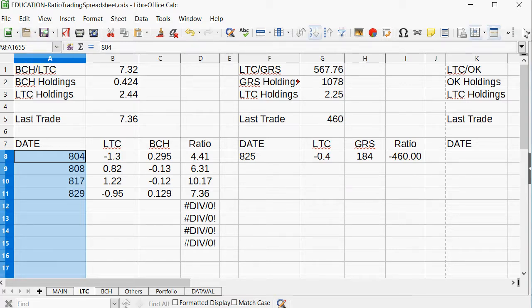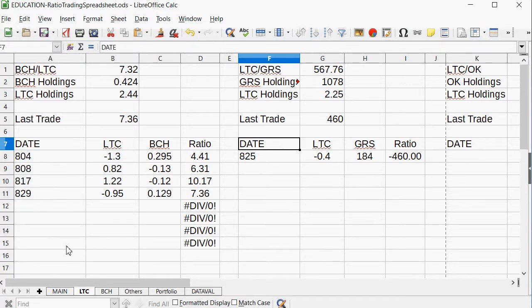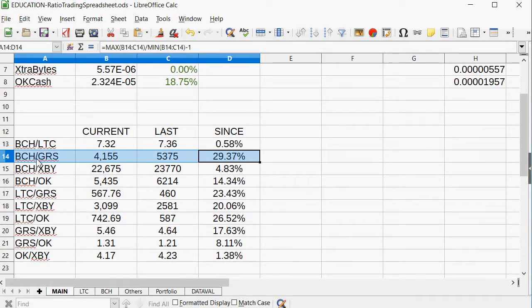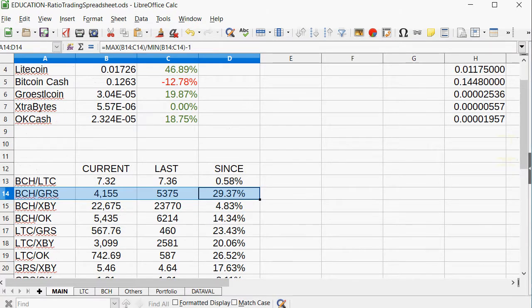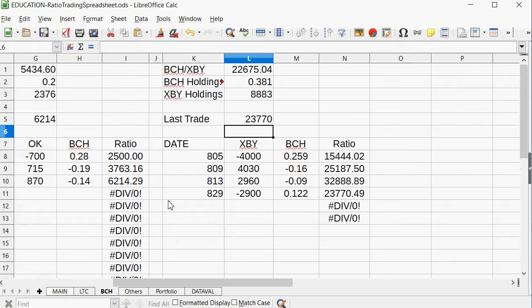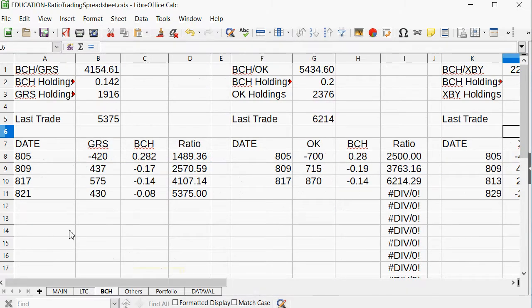And we'll left align that. And Bitcoin Cash GRS, we want to take a 30%, or we might as well, as the price goes down, which means GRS would be winning. Owning 1,960.